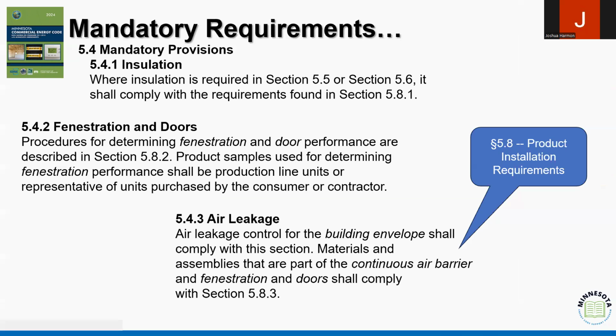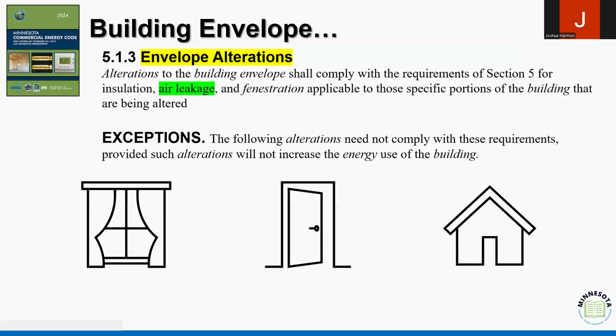When there are envelope alterations, when we change an envelope, we think about that same insulation, air leakage, and fenestration, right? Whether we're replacing windows or doors or whole wall systems, when we alter them, we're thinking about how we impact our overall air leakage control.